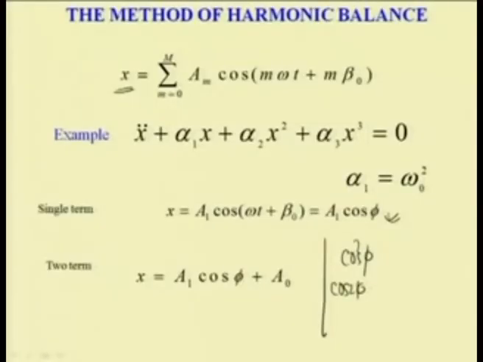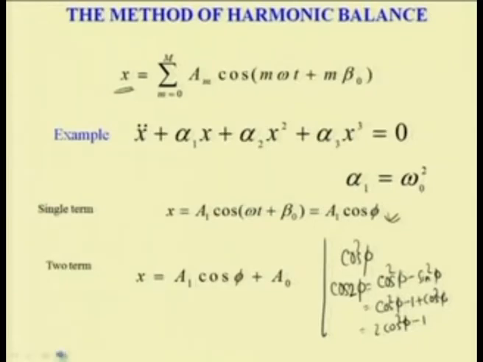As we know, cos 2 phi equal to cos square phi minus sin square phi. As sin square phi equal to 1 minus cos square phi, this becomes cos square phi minus 1 plus cos square phi, or 2 cos square phi minus 1. So, one can write cos square phi equal to half 1 plus cos 2 phi.